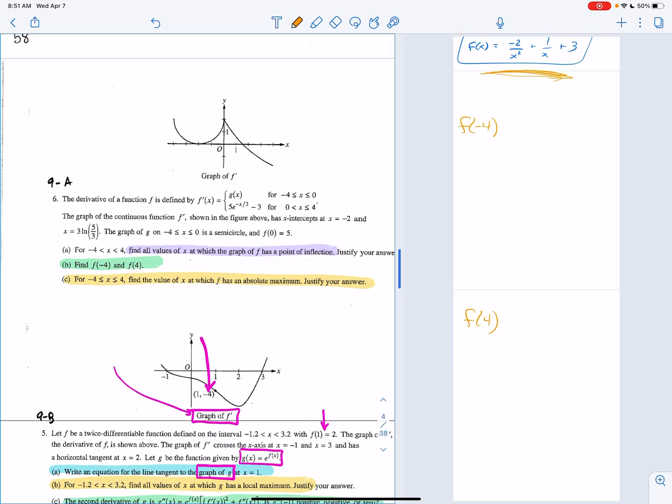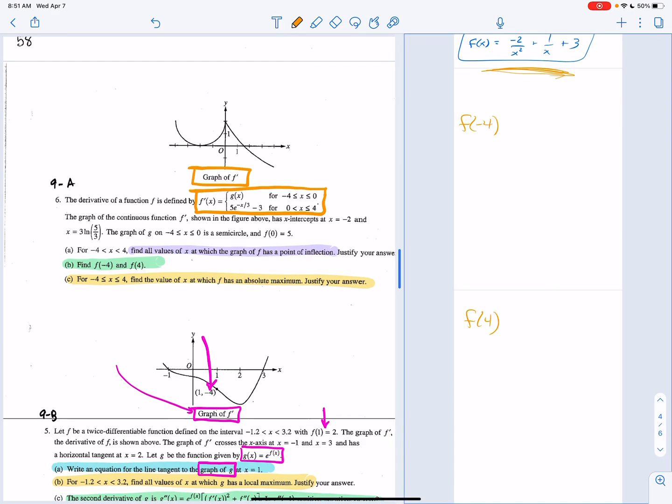I noticed that they tell us that there's a piecewise function f prime of x, and the graph is the derivative. But where the heck is f? So it goes back to that whole idea.